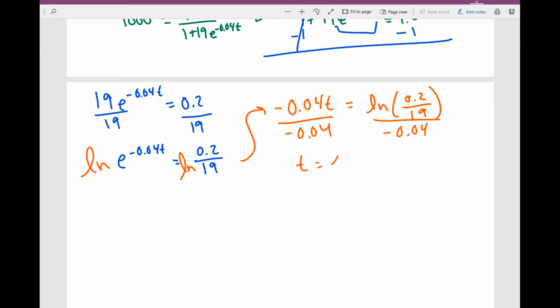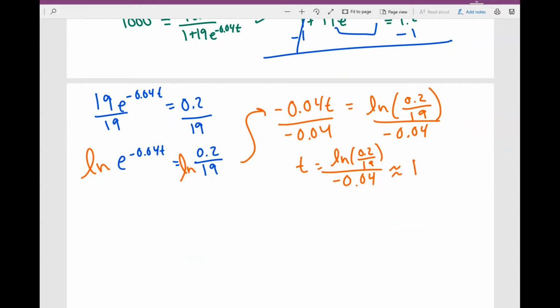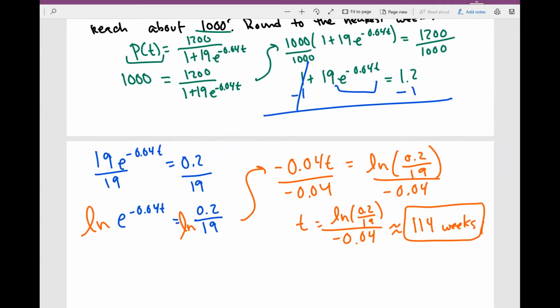So t is equal to the natural log of 0.2 over 19 divided by negative 0.04. I put this in my calculator, and we want it rounded to the nearest week, and I got 114 weeks. So in about 114 weeks, we are going to have a population of about 1,000 based on this logistic equation.